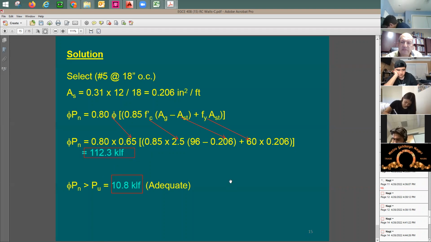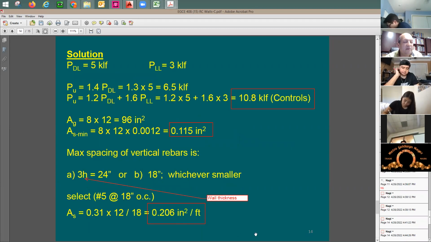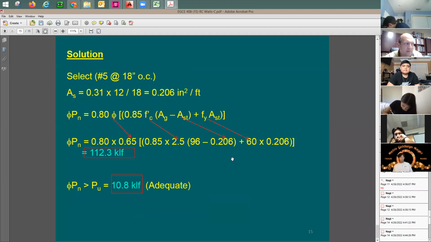This is a standard way of designing a gravity wall. It is very standard that we start with the minimum reinforcement in walls. So we try to just cover this minimum. And then after that, we find out the capacity of this wall for axial load, for flexure, and for shear, and then compare it with the demand.